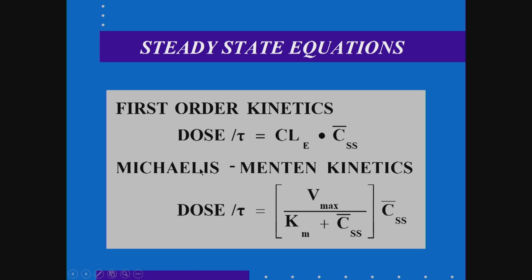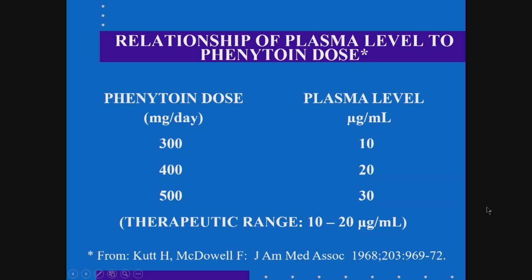In the case of drugs that follow Michaelis-Menten kinetics like phenytoin and ethyl alcohol and aspirin, you need to apply this equation and this term, if you will, in lieu of this clearance of elimination term.